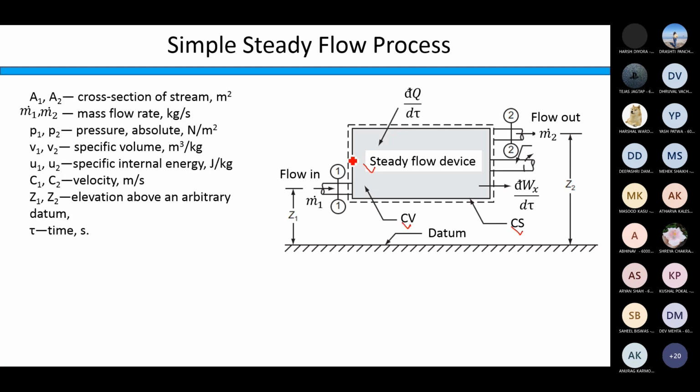Now see the nomenclature. I think you should draw this diagram quickly and note down the nomenclature also. So what we will do is we will take any random datum like this. I am taking one reference, right? This can be any reference. For example, right now I am sitting in a classroom, so for me the floor of the classroom is the datum.